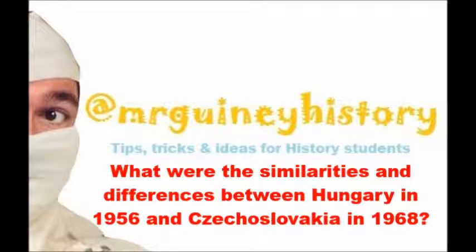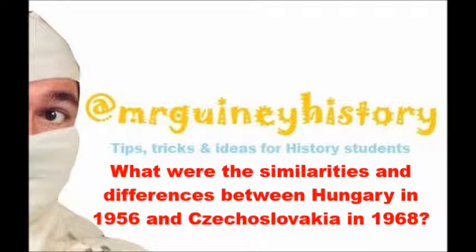Now, in answering this question, many of you will be familiar with PEE. PEE is a technique that history teachers advise for extended writing in examinations. The P represents your point, so every paragraph should be a separate point which is clear and directly links to the question.